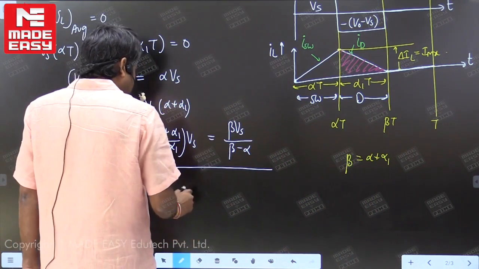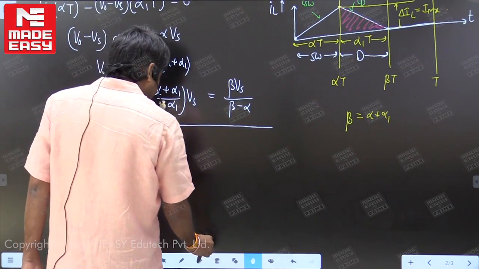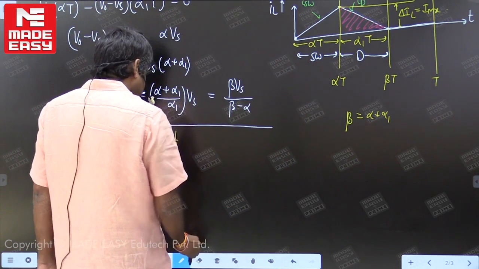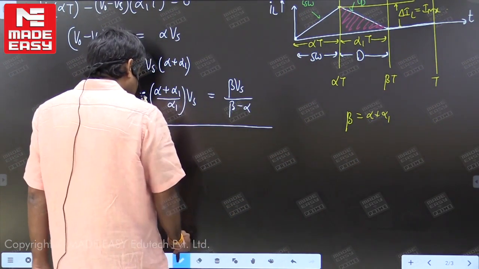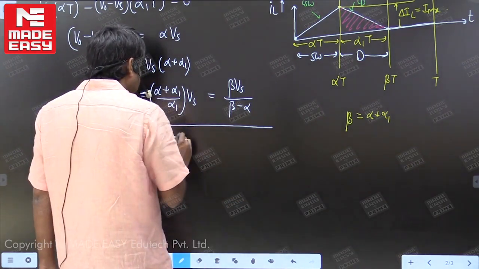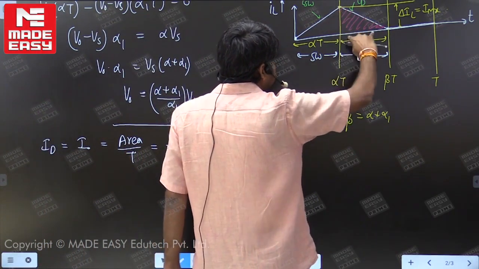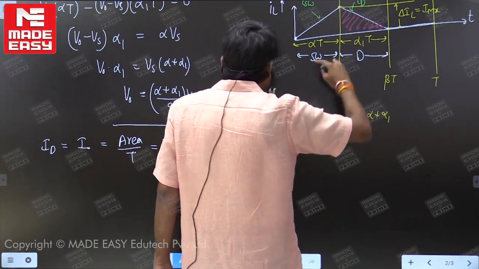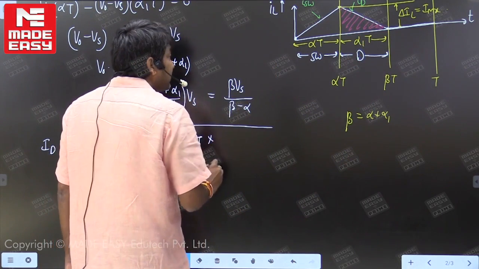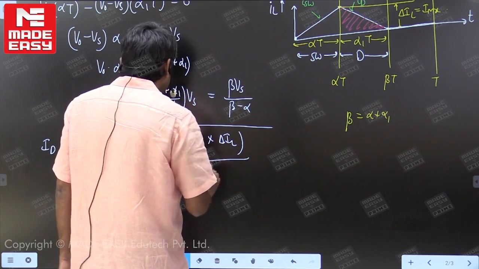So the area of this waveform is half into base into height. Base is alpha 1 into T, and the height of the triangle is delta I L. Area by time period.